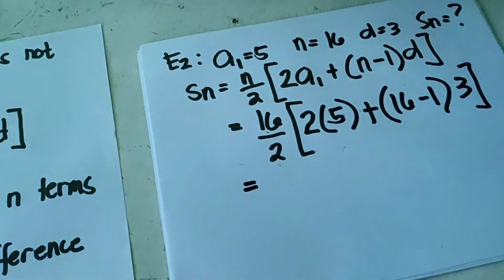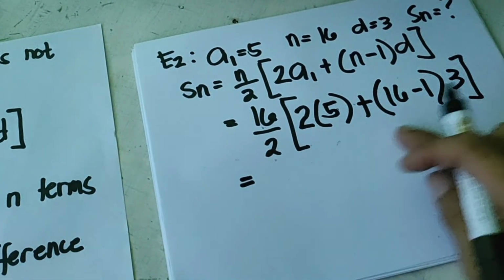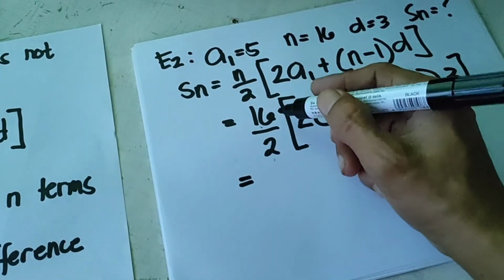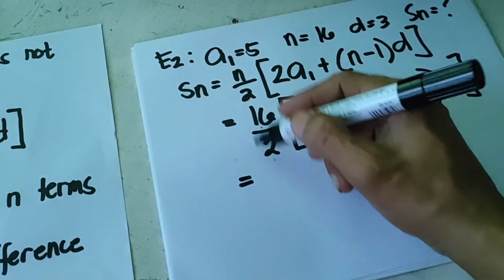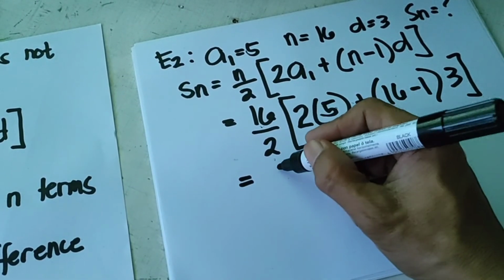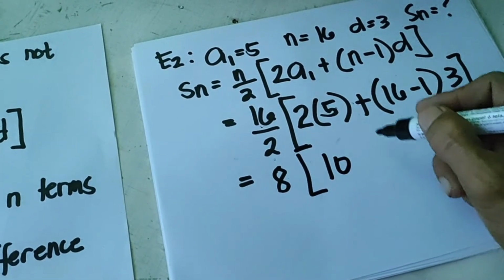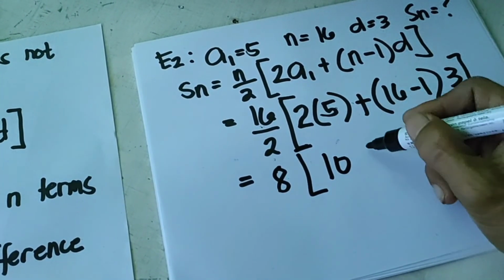Okay, then we have to simplify. Okay, uunahin natin yung sa loob. So, you can divide also this immediately. This is 16 divided by 2 is 8. So, this will be 10. 2 times 5 is 10.